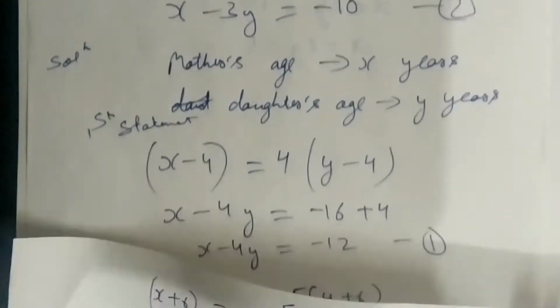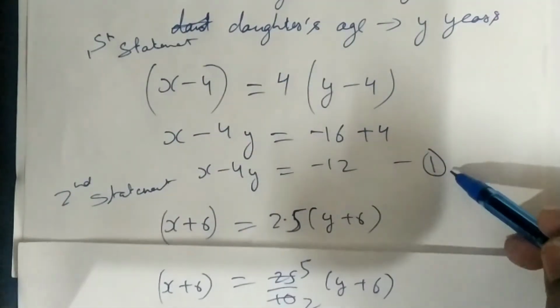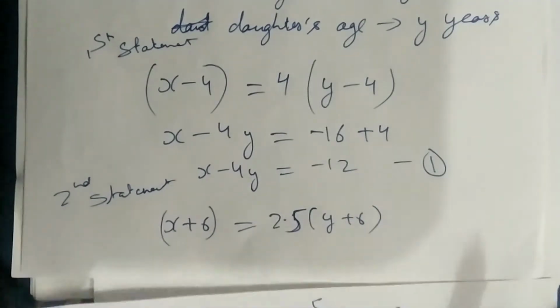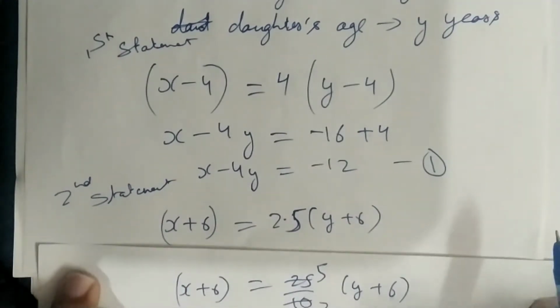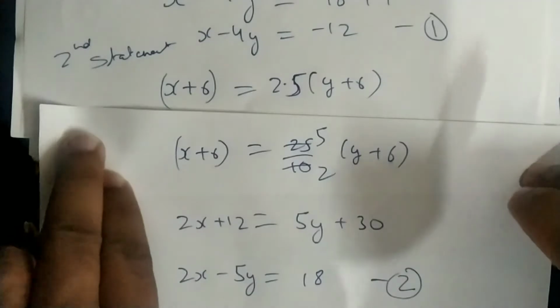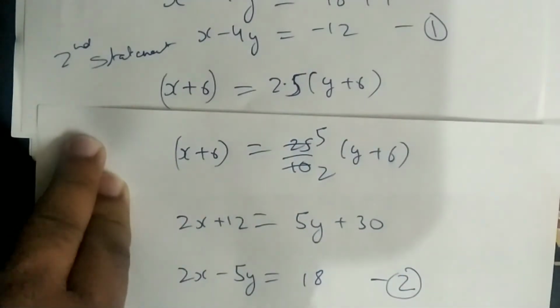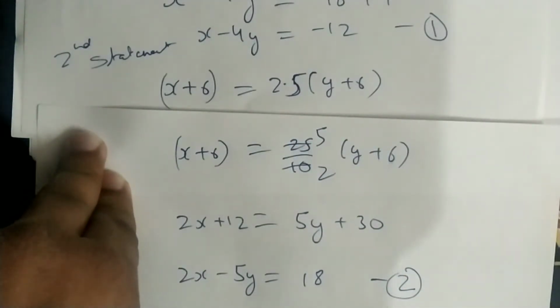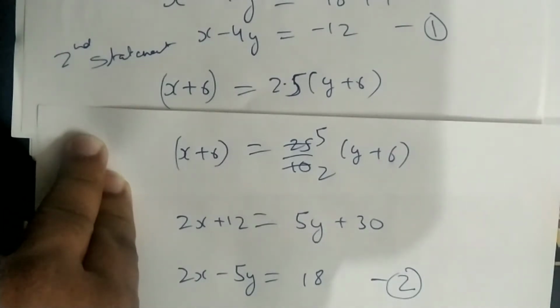So your first equation was this, and your second equation is 2x minus 5y. From these two equations you can easily solve for the value of x and y, and you will get the present ages of mother and daughter.